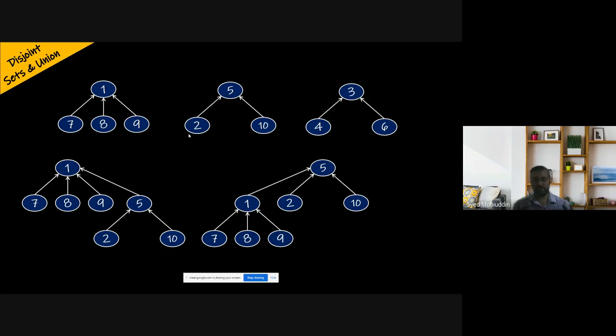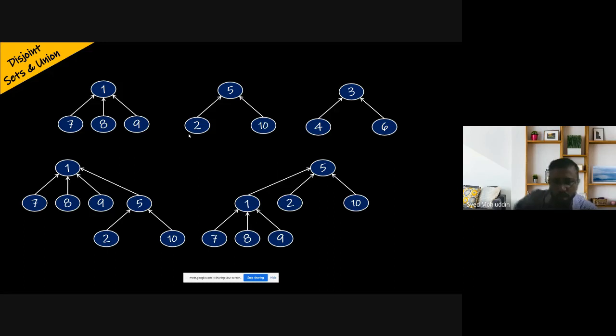When they are merged, the original sets will not be present. So this is one more important thing we need to remember. When we perform union of two sets, we will not be having the original sets.